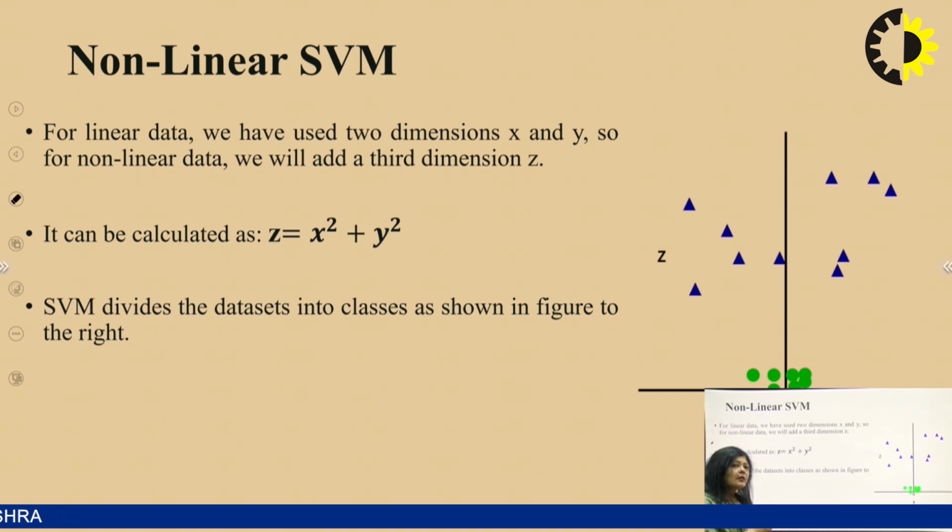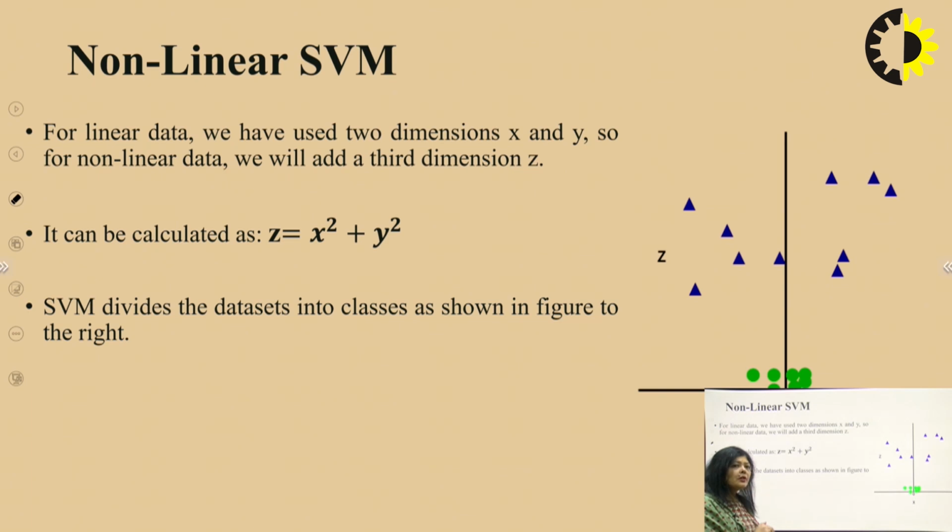So the kernel function first maps this data into a higher dimensional space. And how is the kernel function doing that? For calculating the third dimension, called the Z dimension, it uses a function to find the values for the third dimension.